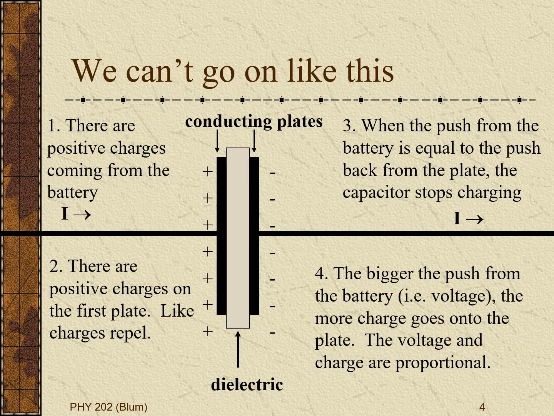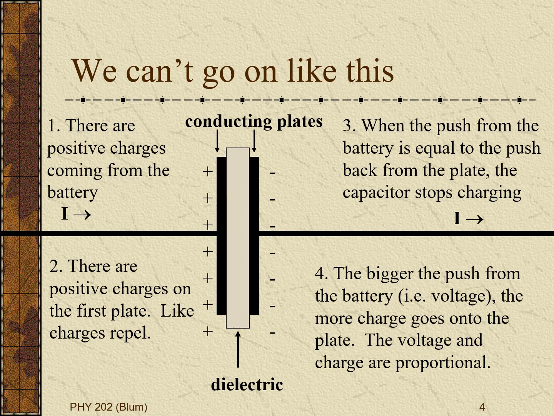So we had the battery pushing positive charges onto the first plate of the parallel plate capacitor, but we can't go on like this. Those positive charges that are accumulating on the first plate don't like each other. Like charges repel. And so the charge on the plate begins to push back against the battery so that we do not put more charges that repel each other onto that plate.